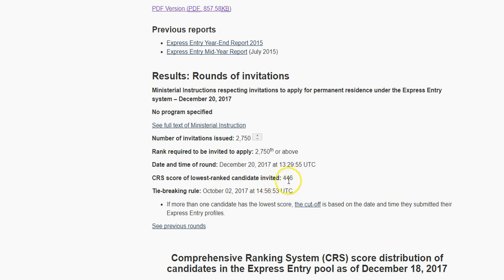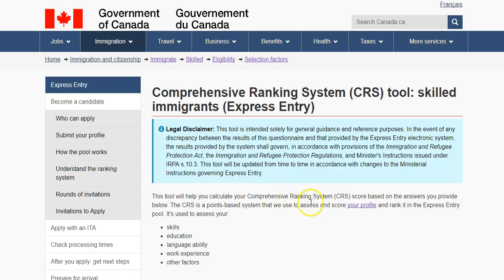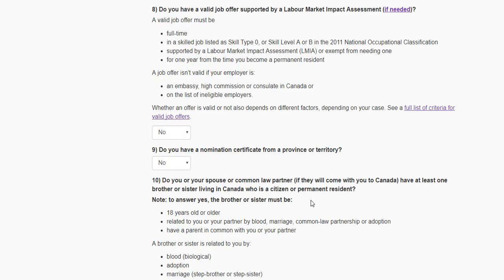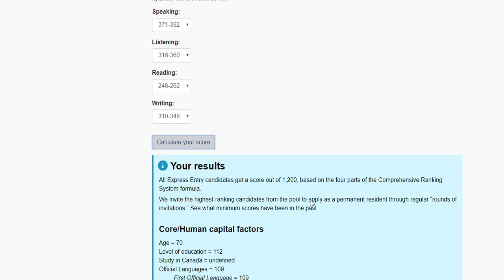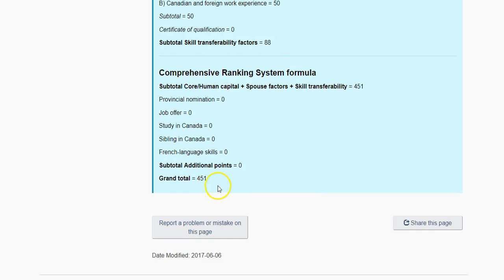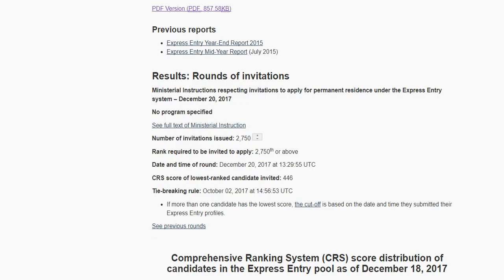That was the score that they used to invite applicants. So as you can see in my previous page, I got a final score of 451, and in the last Express Entry round, 446. I would probably make the cutoff right there.